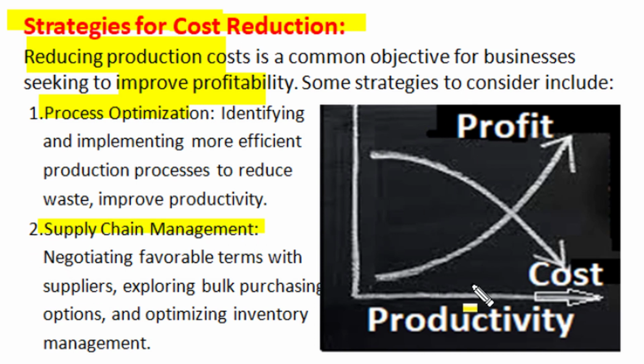We need material and manpower for our production activity, and if we negotiate favorable terms with the supplier or explore bulk purchasing options that reduce several overheads and optimize our inventory management, then this supply chain management will definitely reduce cost of production and increase our profits.